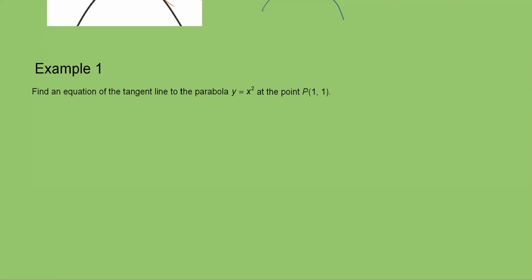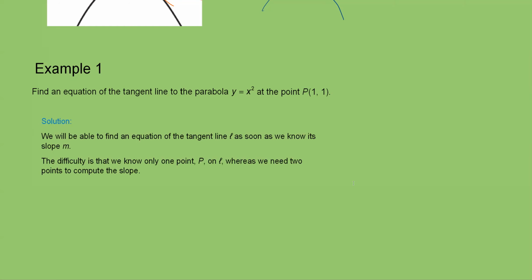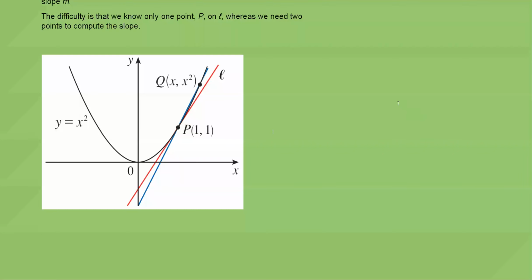Cool. Okay, so the question now is we only have 1 point, right? So it's really hard for us to figure out what the slope is. Okay, so here I have a graph from the book. So our goal is to find the equation of the red line. The red line is going to be the tangent line going through point P on the parabola y equal to x squared.